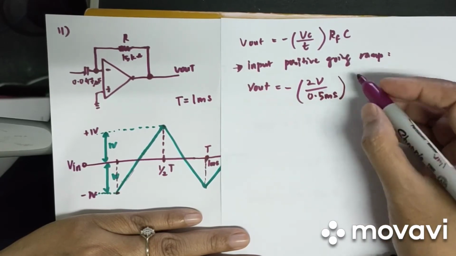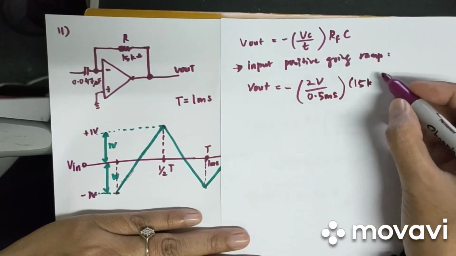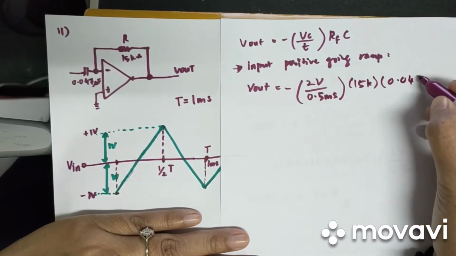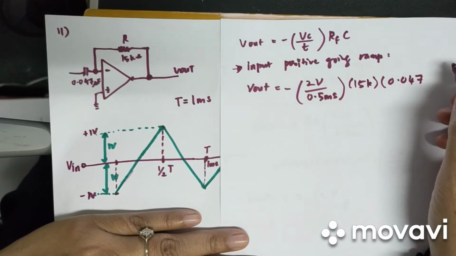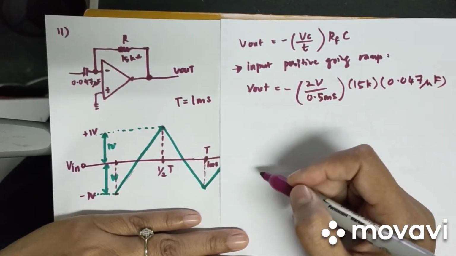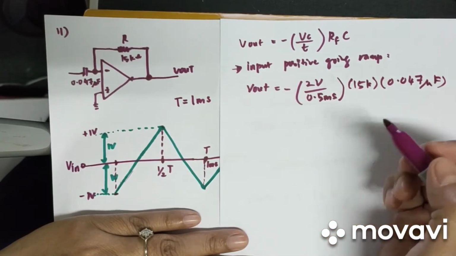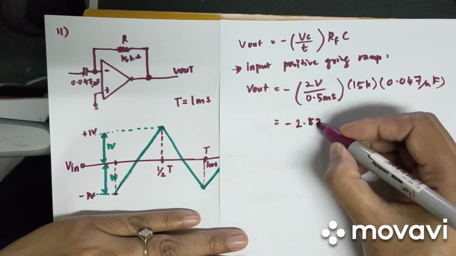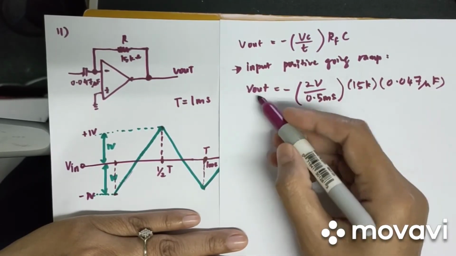Our feedback resistor is 15 kilo ohm times our capacitor, 0.047 microfarad. So we managed to get the answer as negative 2.82 volts for the first V out.